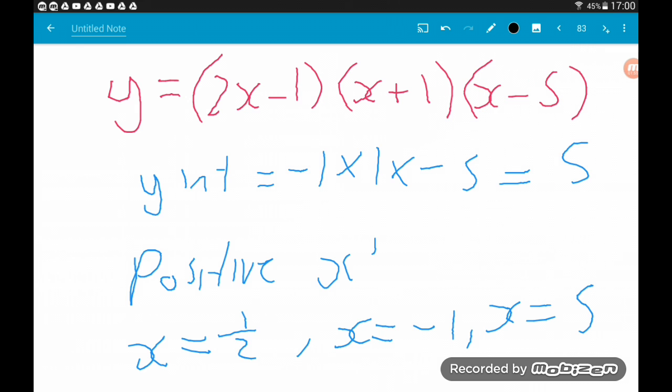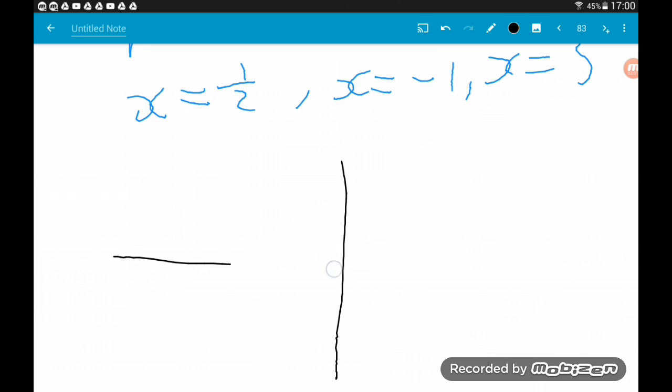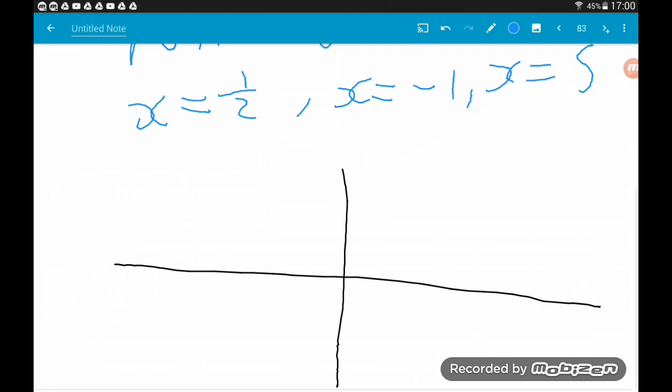Let's sketch him. So, okay, so again we're starting bottom left. Now the first place that we hit the x-axis is at x equals minus 1. So we're going to come up, hit the x-axis at minus 1.